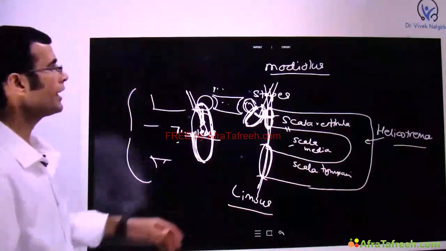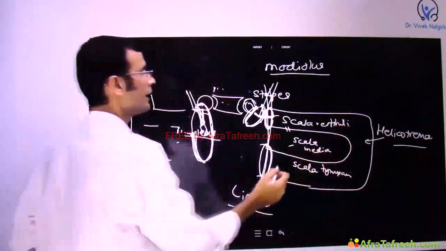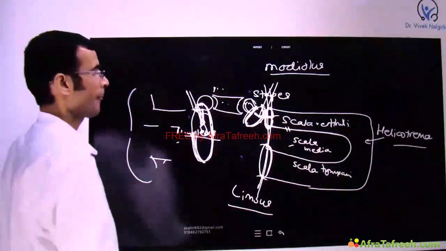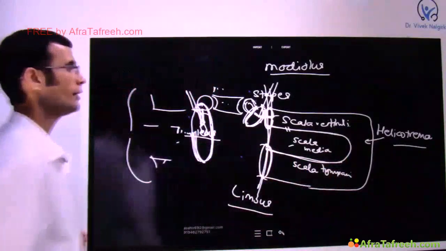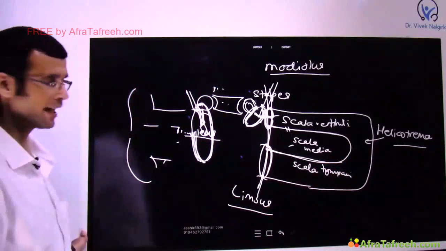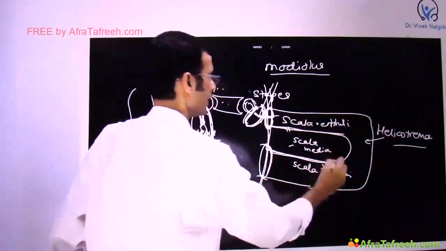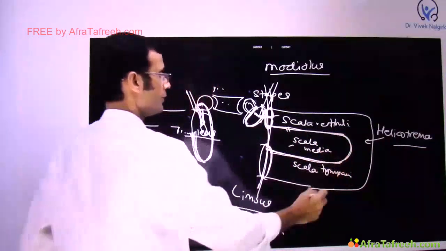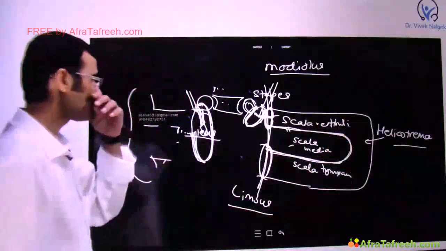Scala vestibuli and scala media are separated by Reissner's membrane, and scala media and scala tympani are separated by the basilar membrane. So Reissner's membrane and basilar membrane. Vestibuli and tympani become one chamber at the apex of the cochlea.